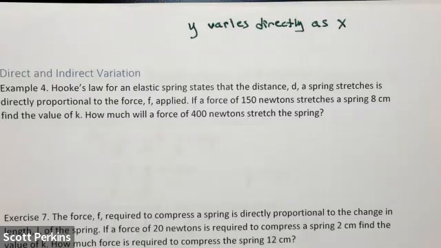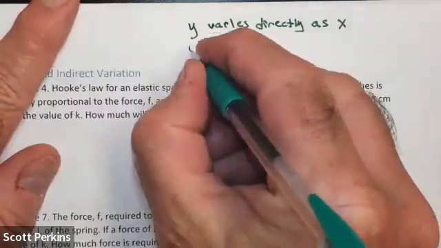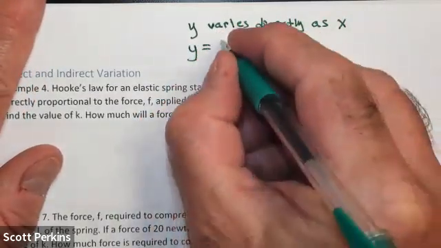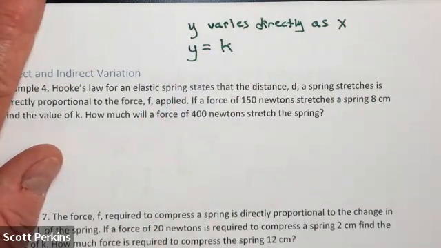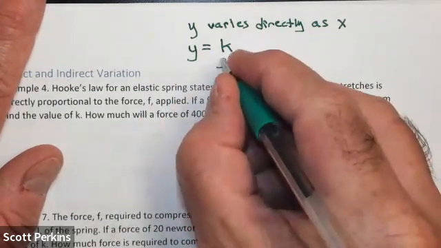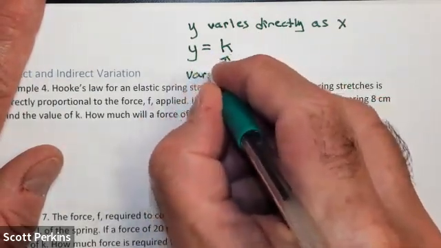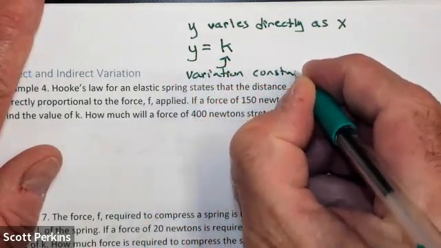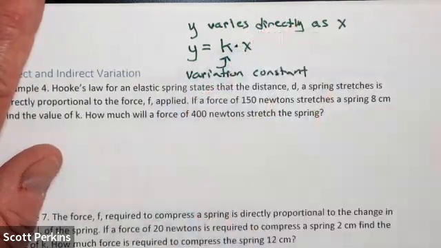And the way you express this mathematically is you'll say y is equal to some constant. So we just represent the constant by the letter k. This is the variation constant, times x.